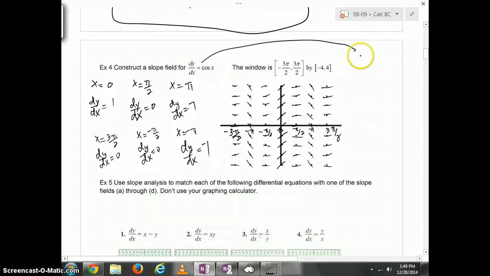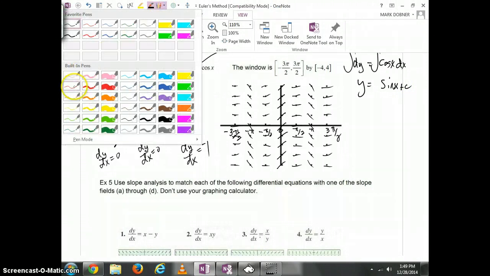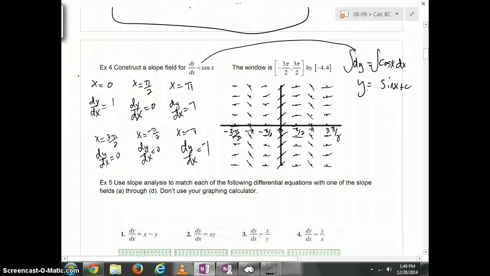Let's just say that we wanted to solve this differential equation real quickly. We have dy is equal to the cosine of x dx. We could very quickly see that y would equal the sine of x if we took an antiderivative, plus C. And the most basic constant that we could ever have would be 0.